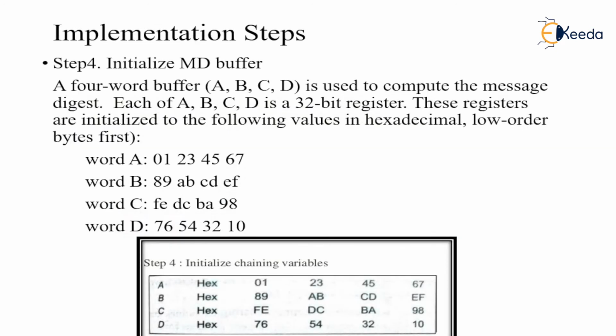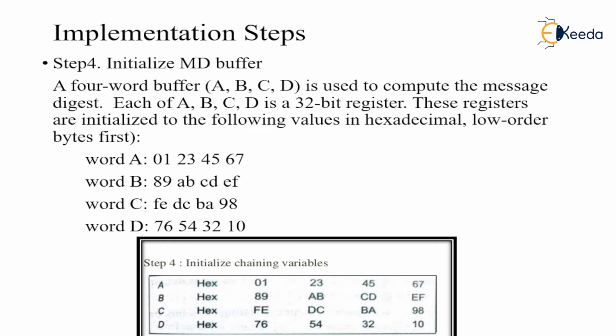Now comes the fourth step, which is considered a very important step, wherein we are initializing the buffers. These buffers are nothing but a 4-word buffer, that is ABCD, which is used to compute the message digest. Each of A, B, C, D is considered a 32-bit register, and these registers are initialized to the following values in hexadecimal, considered as the low order bytes.